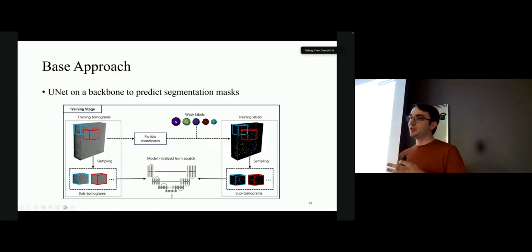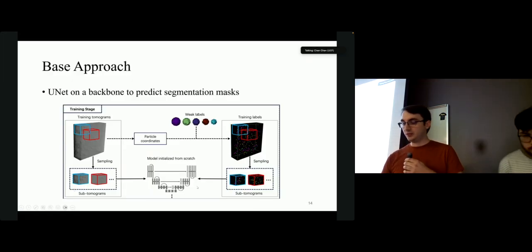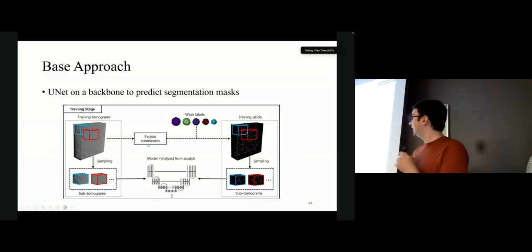These are weak labels, because we don't actually have the pixel-wise segmentation per particle. Then we randomly sample volumes within this large tomogram, feed them to the UNet, and train it to match the weak labels from the particle coordinates. So this is the base approach.